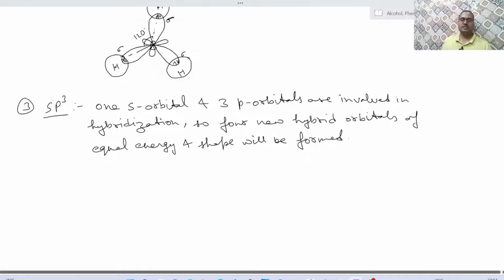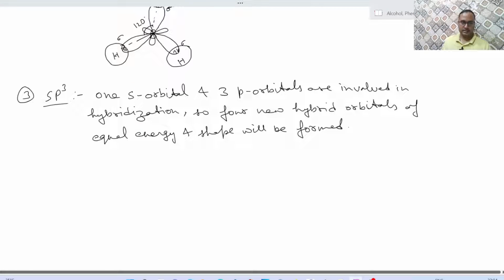In order to study this sp3 hybridization, let us take an example of CH4.